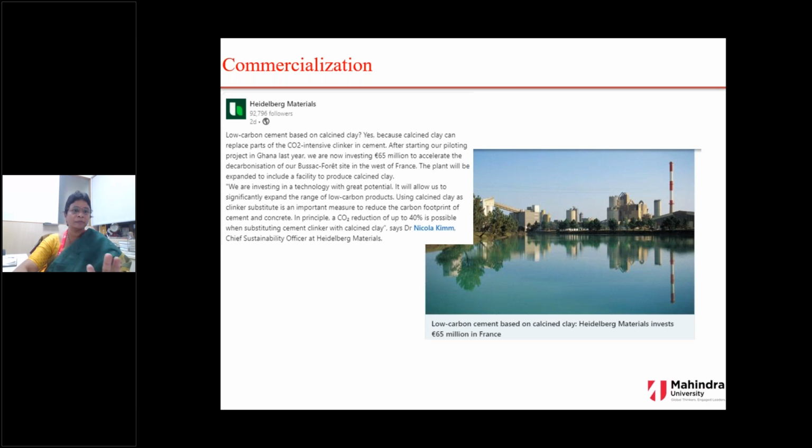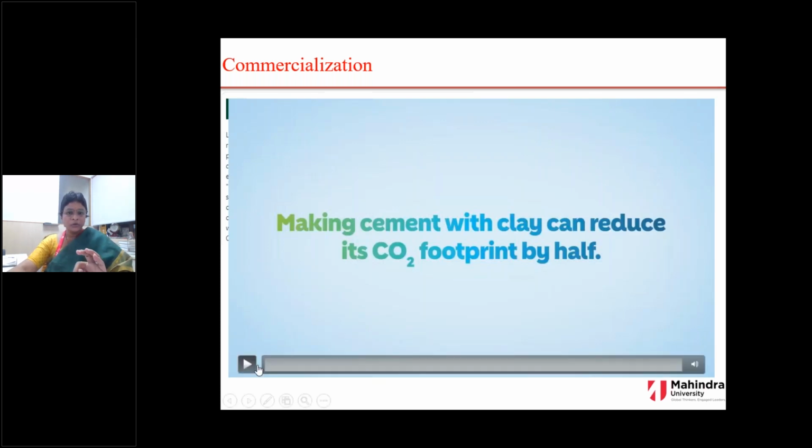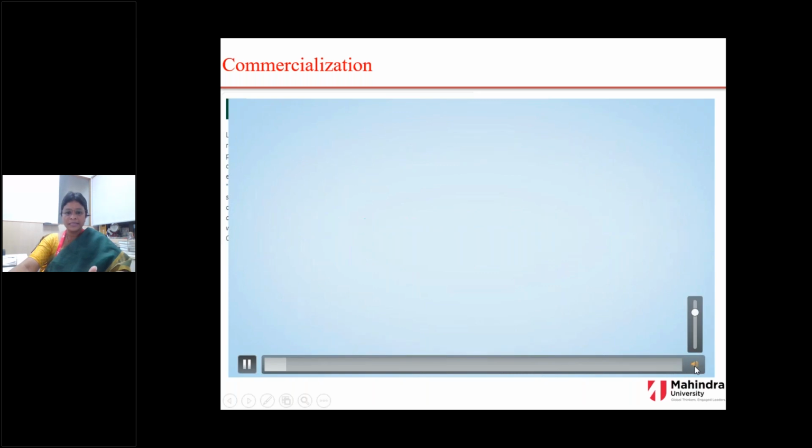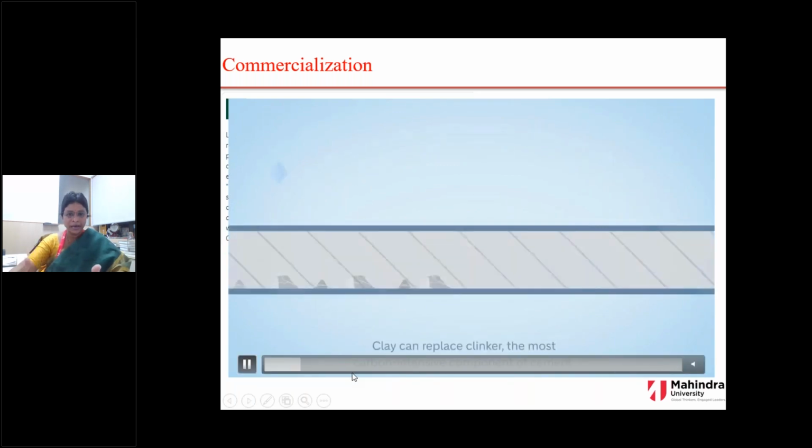They started a pilot project in Ghana, and now they are investing in order to start a plant in France. And this is a small video given by Holcim, where they are saying that they have invested in LC3, which reduces the CO2 by half.